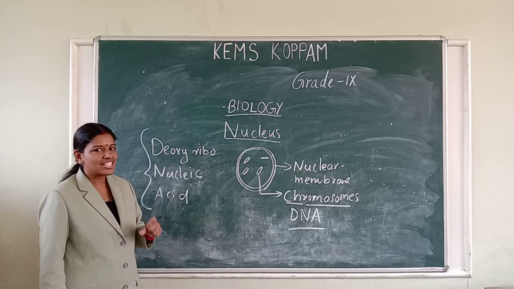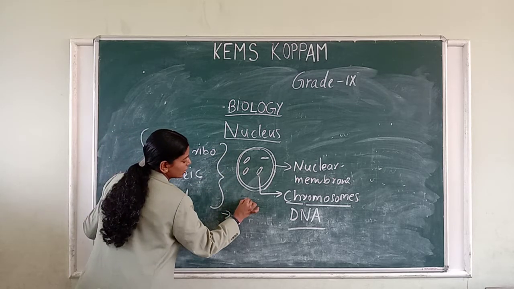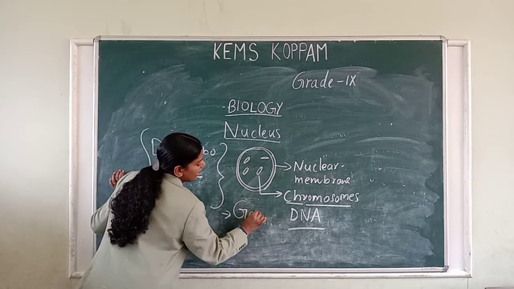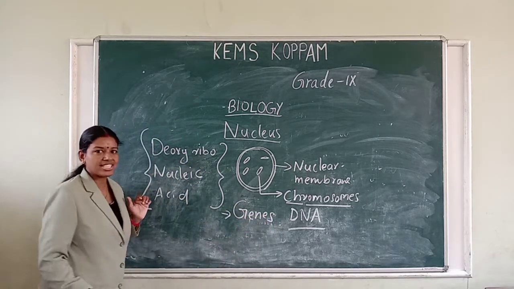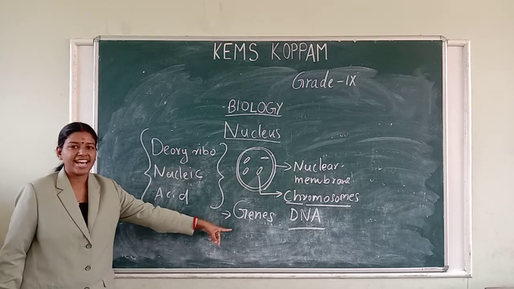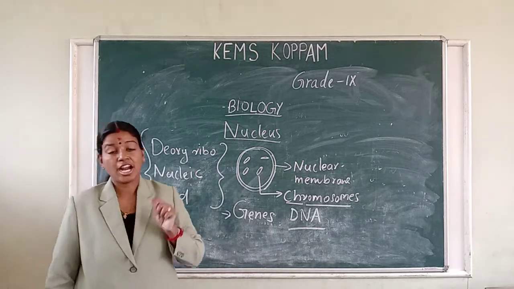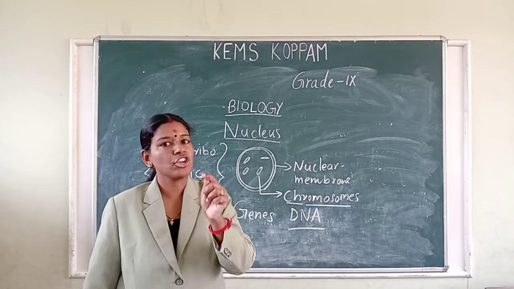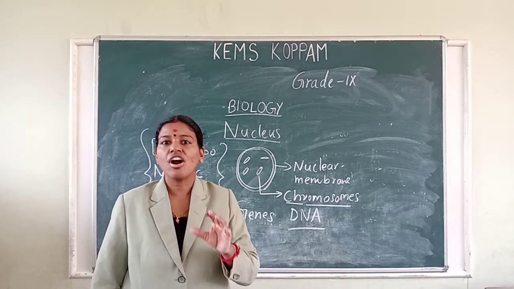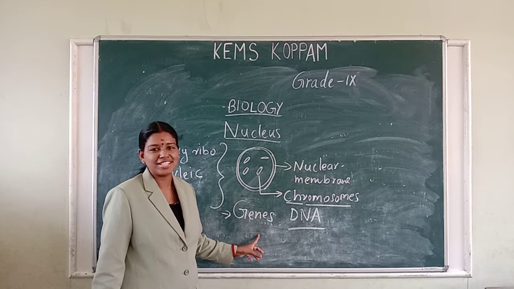Now this DNA contains some functional segments. Functional units are present in this DNA. They are called genes. Each character, the color of your eye, the shape of your hair, skin color, these are all characters present in the DNA in the form of genes.